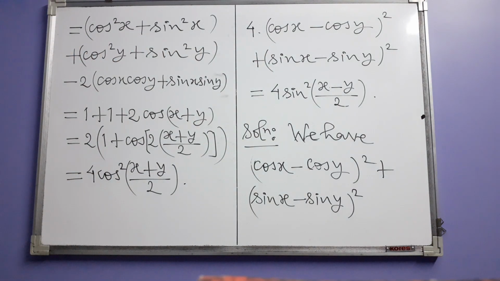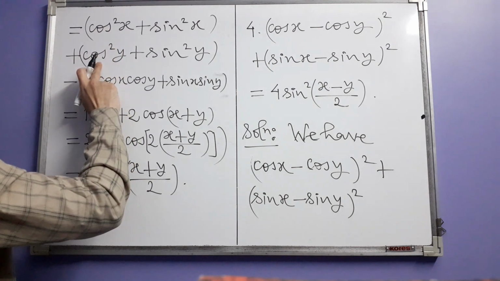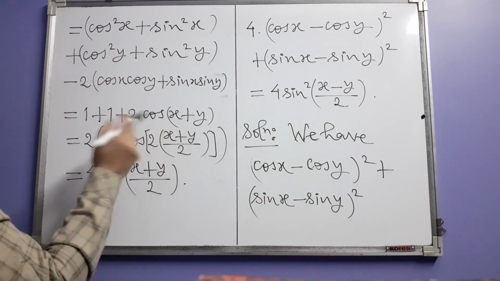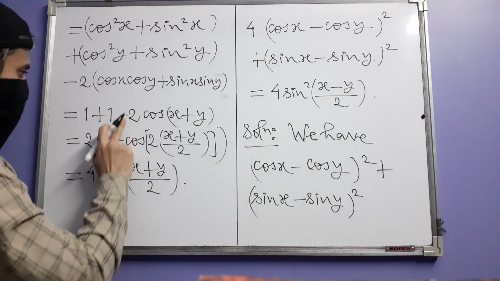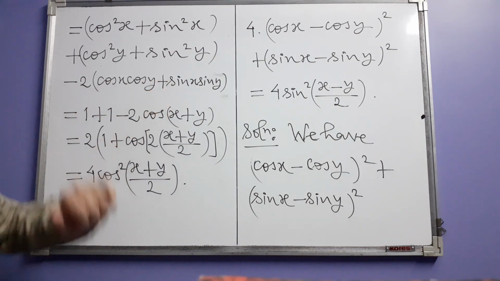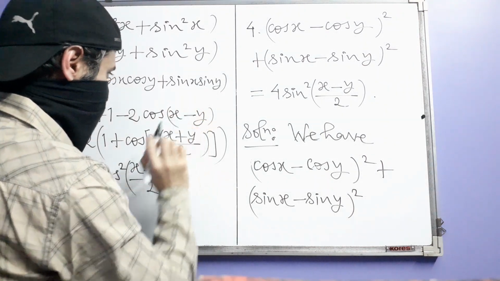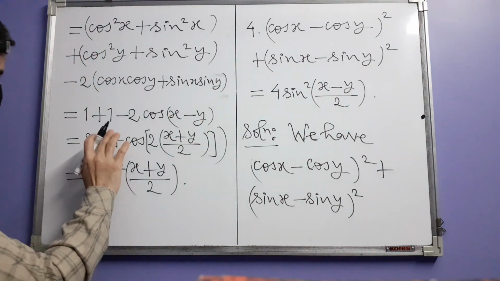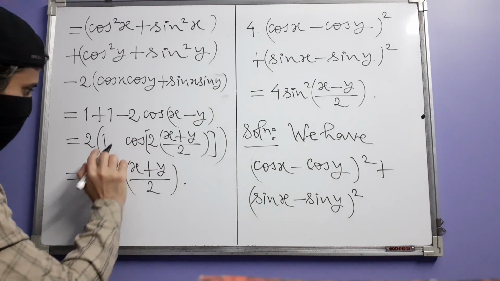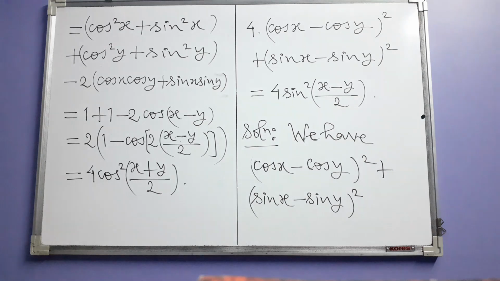So now it's clear, because from this we get 1, from this also we get 1, they are 1 both, and this is minus 2, but cos x cos y plus sin x sin y is what? Cosine of x minus y. And here we will get 1 minus this.